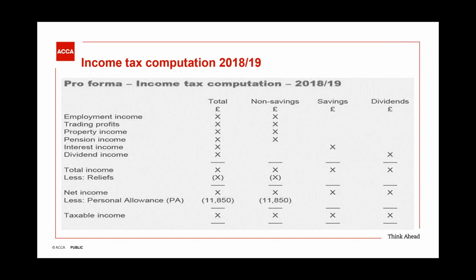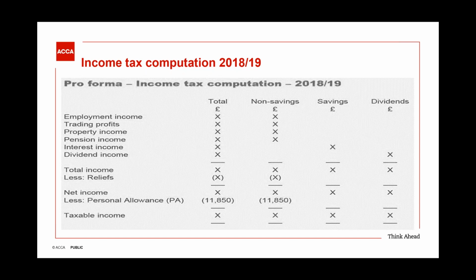to 0%. On the other hand, if you are a basic rate taxpayer, how do you identify whether you're a basic rate taxpayer or not? You look at the taxable income. If your taxable income is limited to 34,500 or less, then you are a basic rate taxpayer.